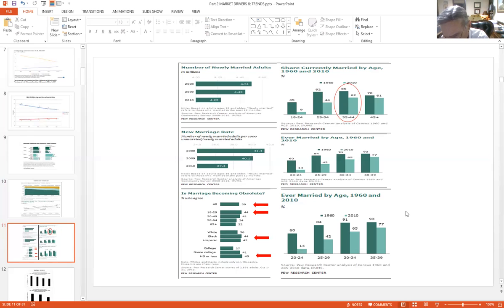Virtually half the portion of folks married in 1960 were married in 2010.